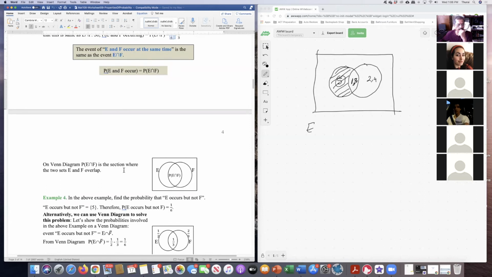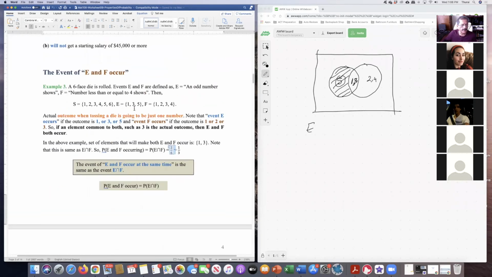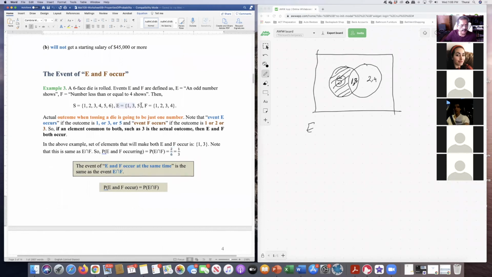I'm still trying to explain which part of the Venn diagram will represent E occurring but not F. So I just explained E occurring but not F is the outcome 5 in this case. Only if the outcome is 5, then E will occur but not F. The part of E that's not in F is this.